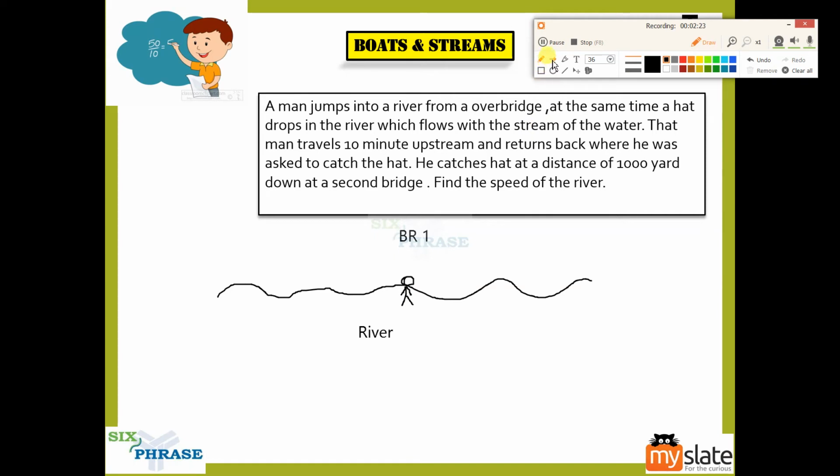Now you have to understand that the water is flowing in this direction. Okay, so this is what the water flowing is like. The flow of the water is in this direction, guys. Now what he'll do is this guy will swim this way. This is the direction in which he'll swim. Okay. So I can mark it as swimming direction.